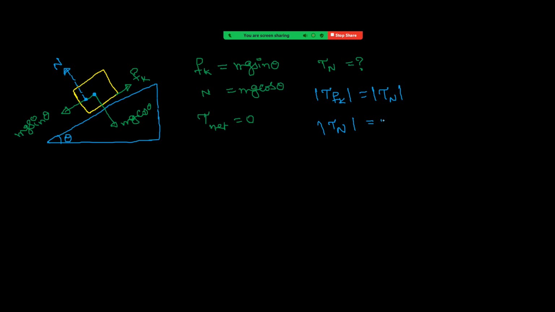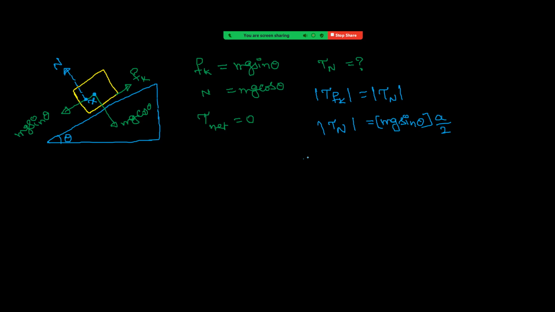Therefore I can write here the torque due to normal reaction, that modulus value, is equal to the frictional force value, mg sin theta, into the perpendicular distance from center, a by 2. Okay, it is very simple and direct. Suppose in this problem they ask how much distance normal reaction has shifted down the incline, take it as x.